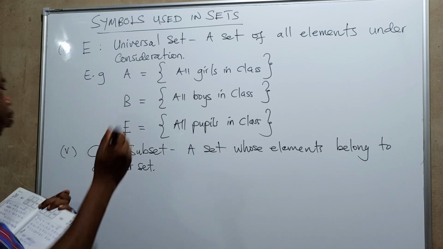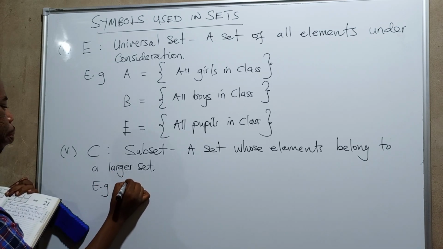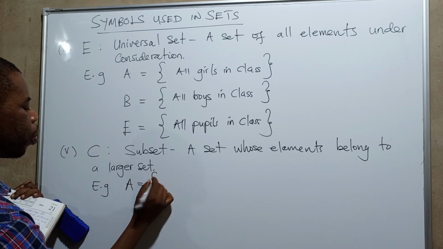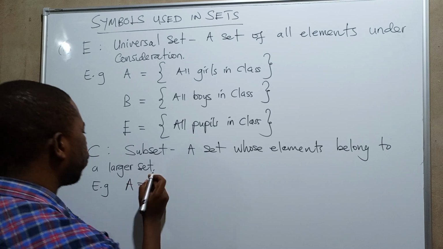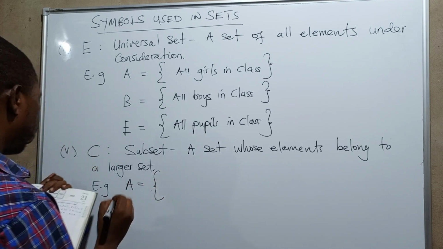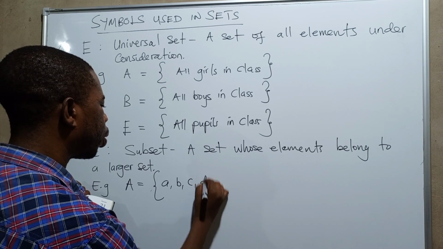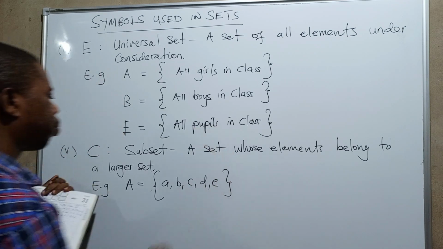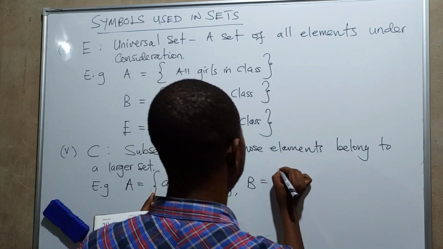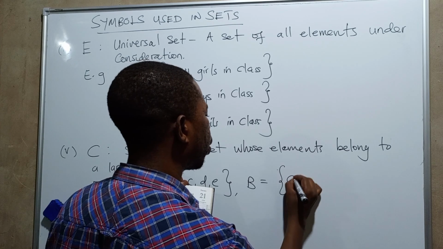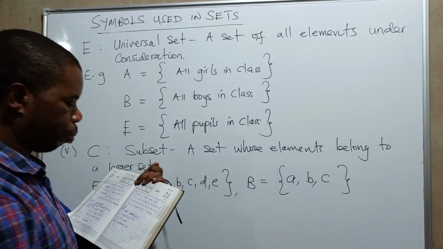Let's do it like this. We have set A whose elements are A, B, C, D, then E. Then I have another set B, whose elements are A, then B and C like that.